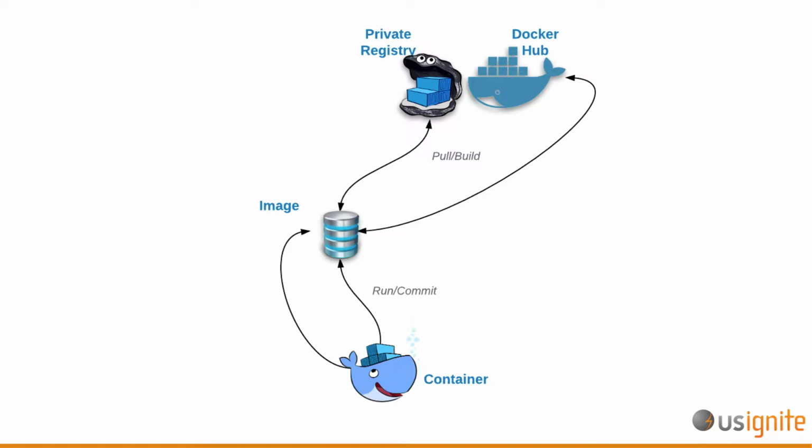But the idea is still central, that you'll be pulling a base image from somewhere, combining that with some instructions to launch on your local system, or combining it with instructions to launch and then save as a version of an image for yourself, and then perhaps pushing it back to your own registry.